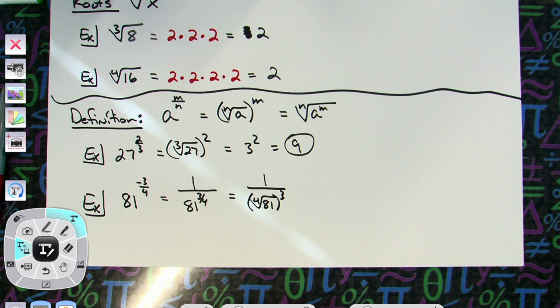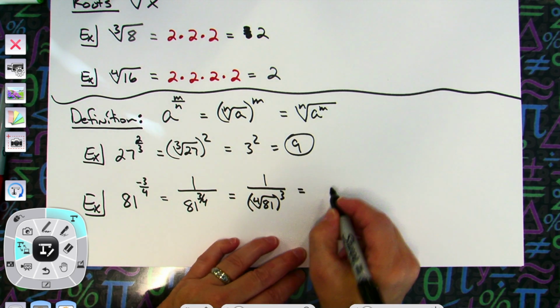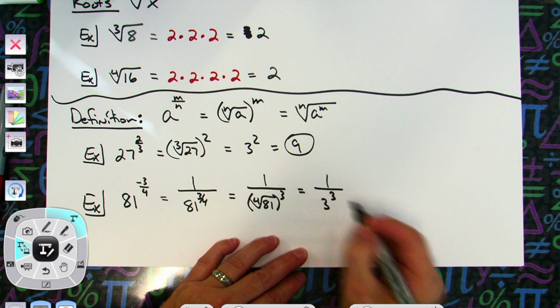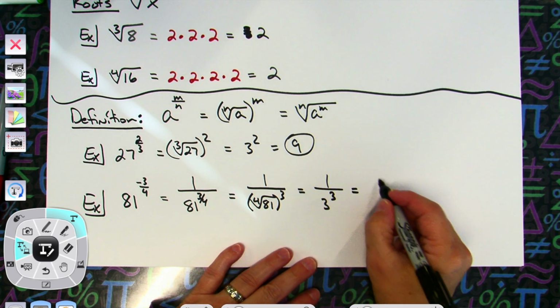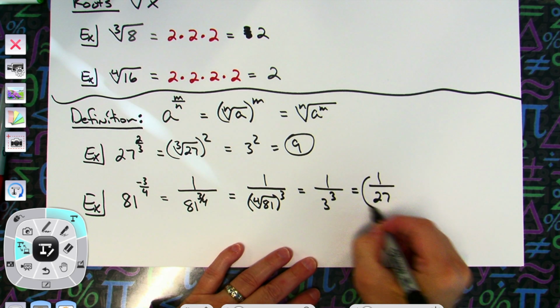It's not 2. Let's try 3. 3 times 3 is 9, times 3 is 27, times 3 is 81. So it's 3. So I have 1 over 3 to the 3rd, and we already know 3 to the 3rd is 27. So I get 1 over 27.